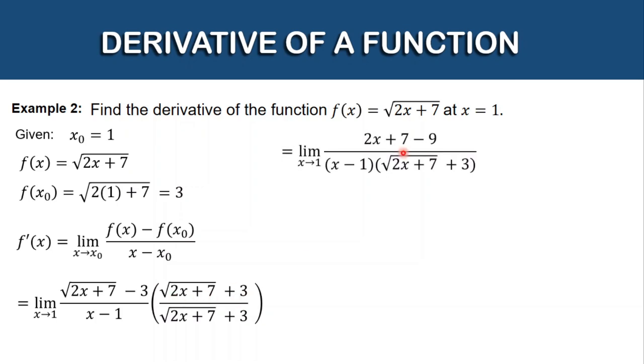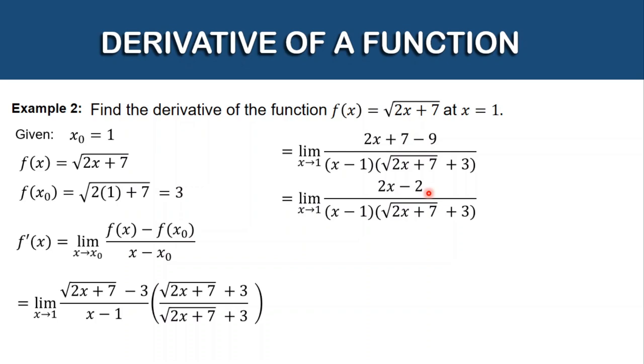So this is 2x plus 7 minus 9. All over the quantity x minus 1, yun yung denominator nung original natin, then times yung conjugate natin. And at this part, we can simplify our numerator. So we have 7 minus 9. And this is equivalent to negative 2.